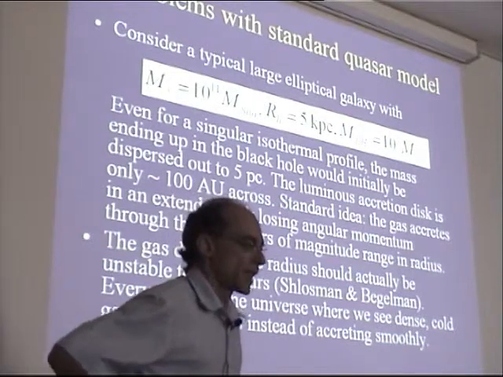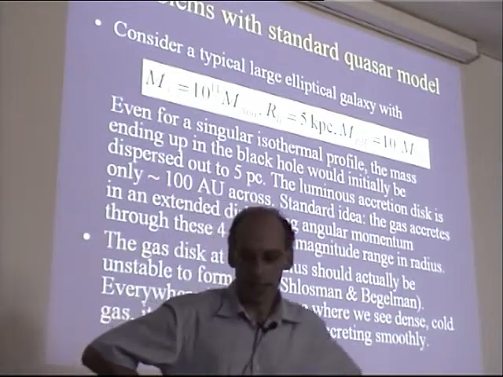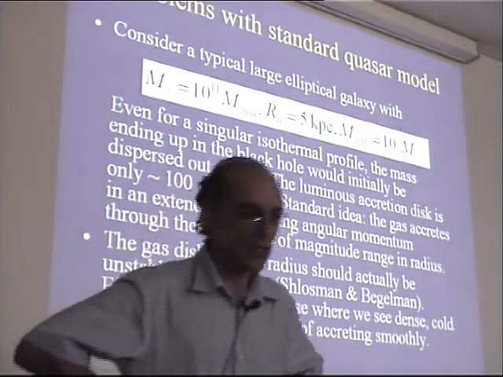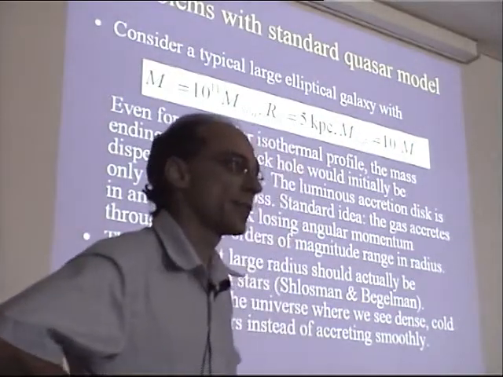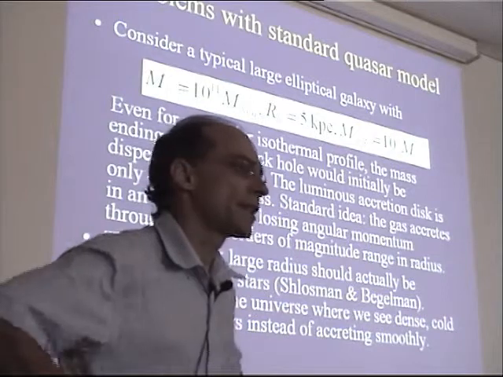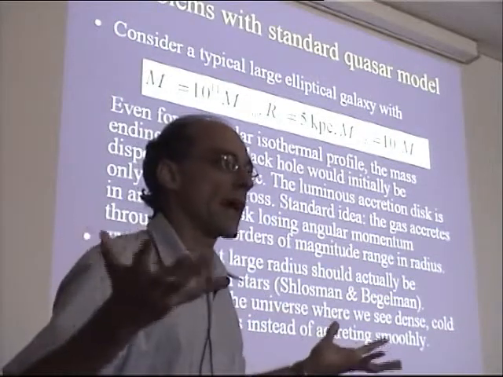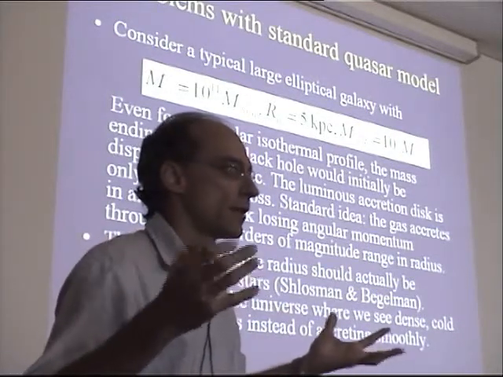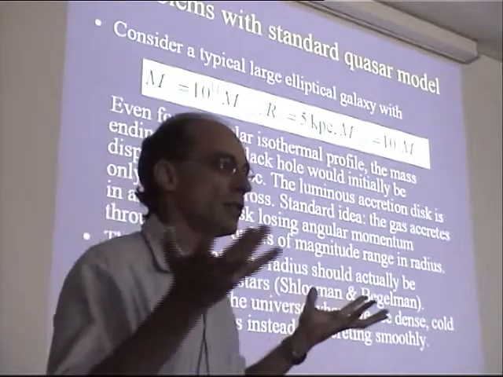Now, the standard quasar model essentially says that you have an extended disk of gas around the black hole, and the gas just flows in gradually.